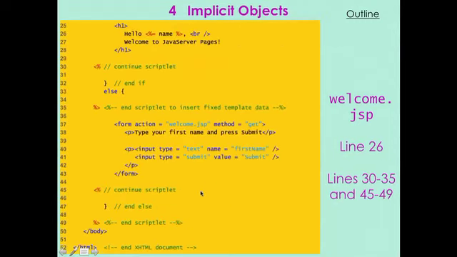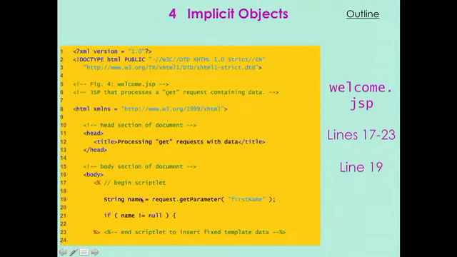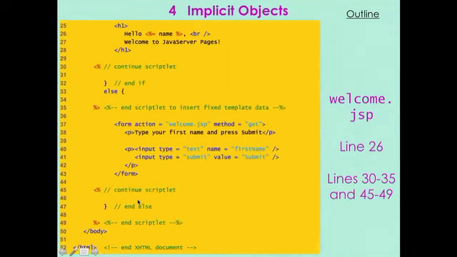All right, and then we say hello, and we call the expression to display exactly what is inside the variable name, and we display another message. But then, if the name is null, what does it mean? It means that I have not yet called it, this is the first call of the JSP, and then I should display my form.